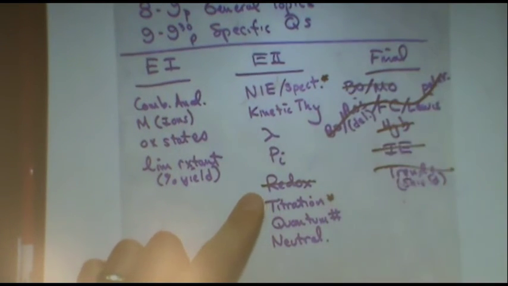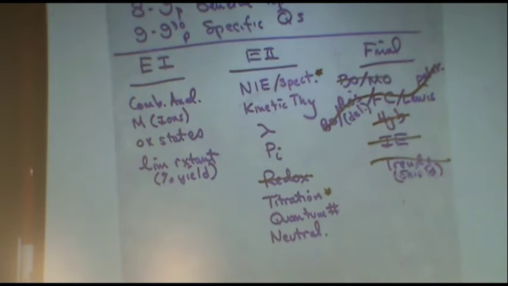Which one's your favorite of those 2? Who wants titration? Who wants net ionic equation? Oh, it's kind of even. Okay, I'll try to do both. Sure, I was hoping it would not be even. All right? Sorry, I won't be able to finish. I just want to get as much as possible done here. For titration.